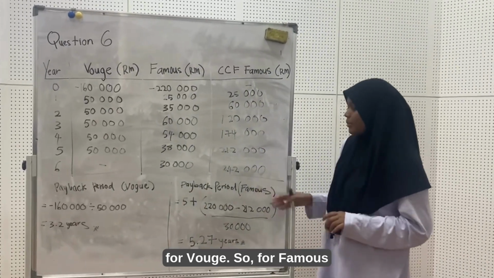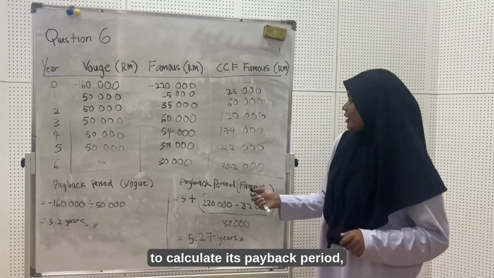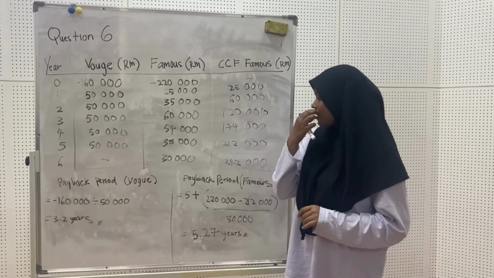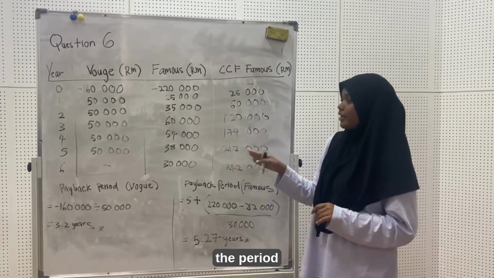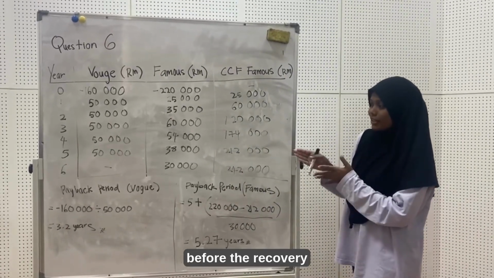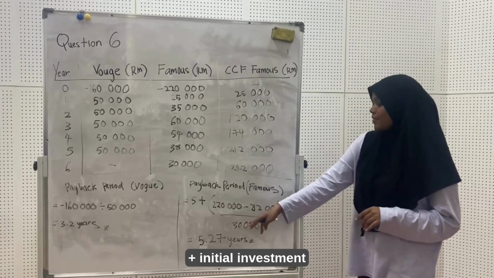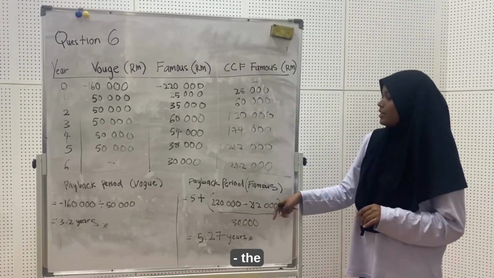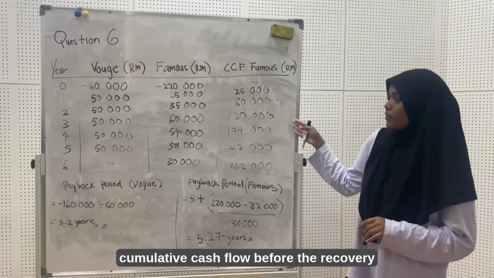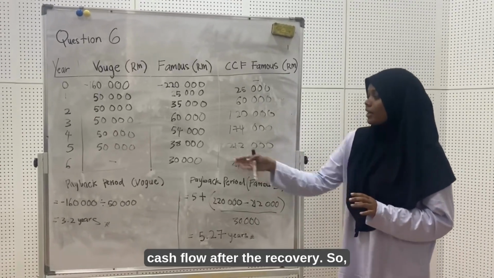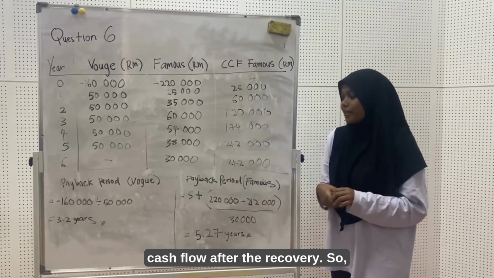So for the famous, to calculate its payback period, the period before the recovery plus the initial investment minus the cumulative cash flow before the recovery, divided by the cash flow after its recovery.